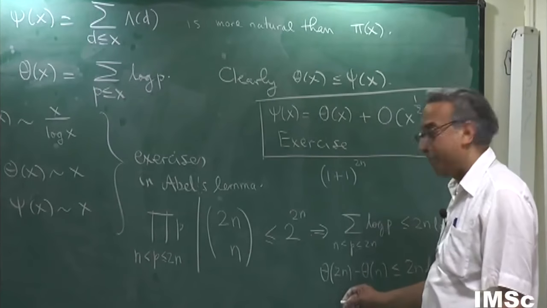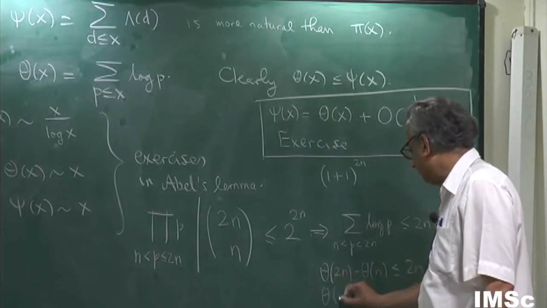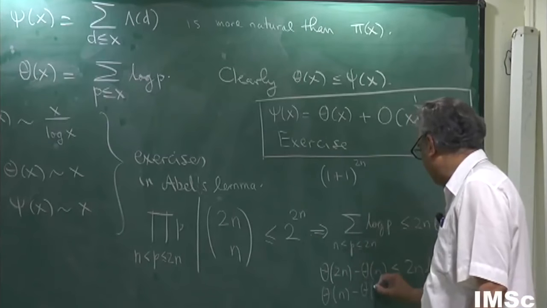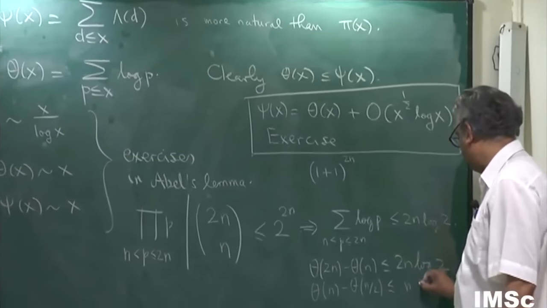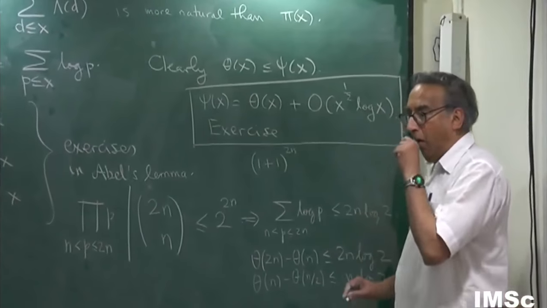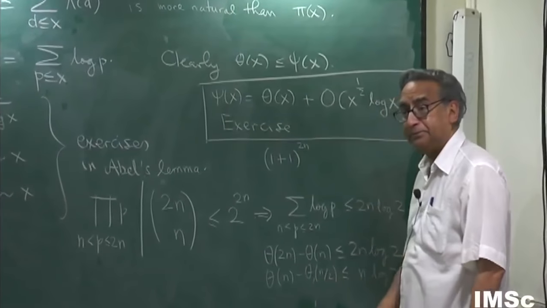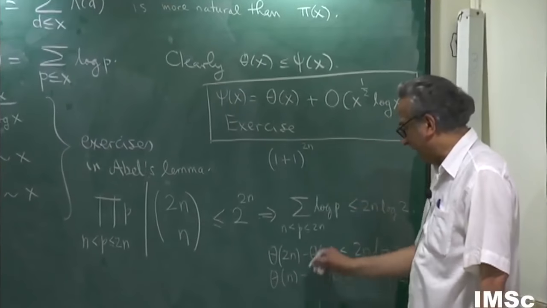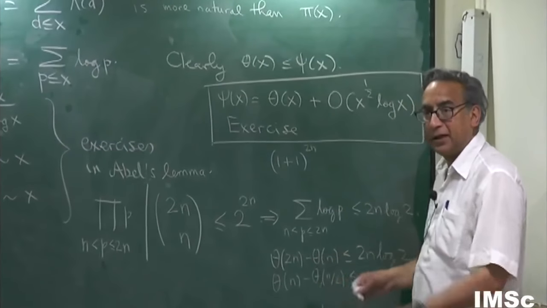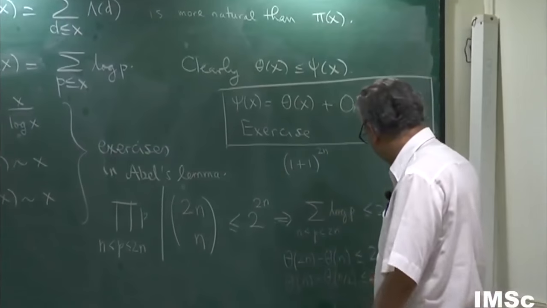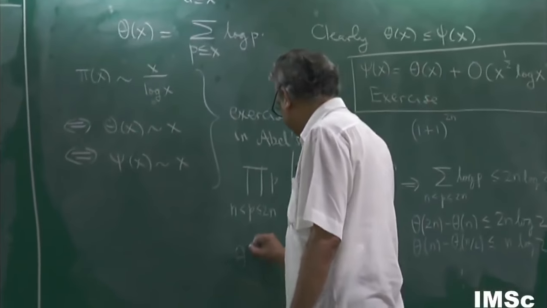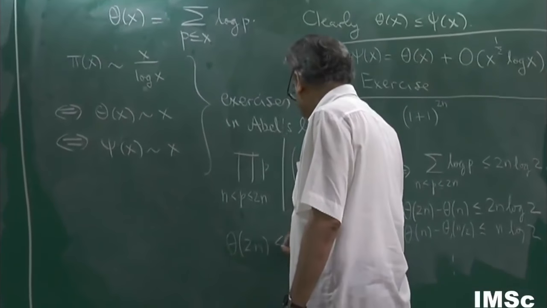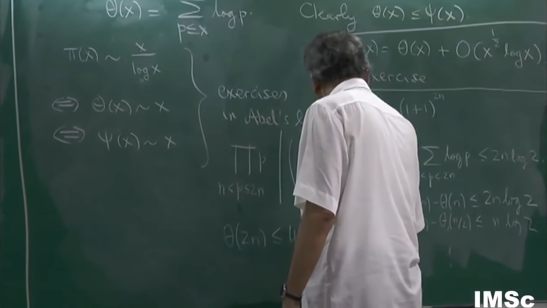Iterate this one more time. Theta of n minus theta of n over 2 is less than n log 2. And then keep on going. Add them up, they cancel. It's a kind of telescoping sum. And so lo and behold, you'll get theta of 2n is less than 4n log 2.